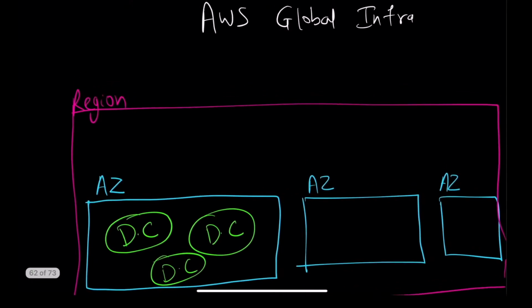Now, achieving 11 nines of durability, imagine you send a file, file.txt, and you want it to be stored in Amazon S3.